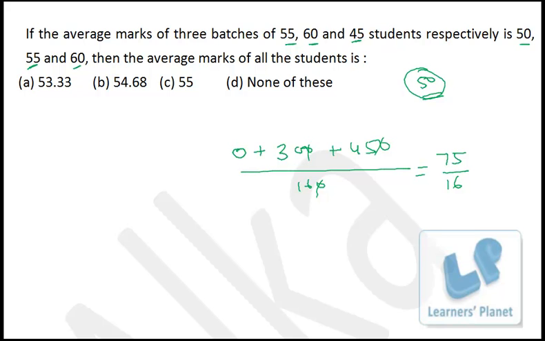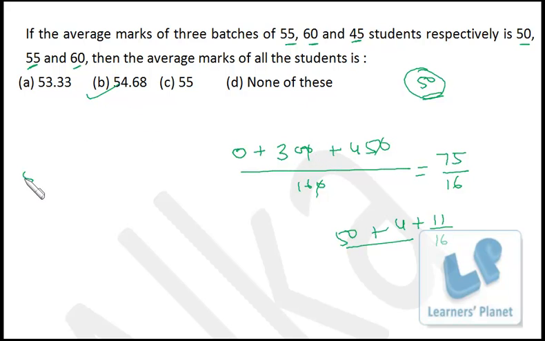So 75 by 16 is 4, 16 into 4 is 64, remainder 11 by 16. So 50 plus 4 plus 11 by 16, that is 54, 11 by 16. So 54 point something, so 54.68 will be the correct choice. So this way the problem becomes very simple.